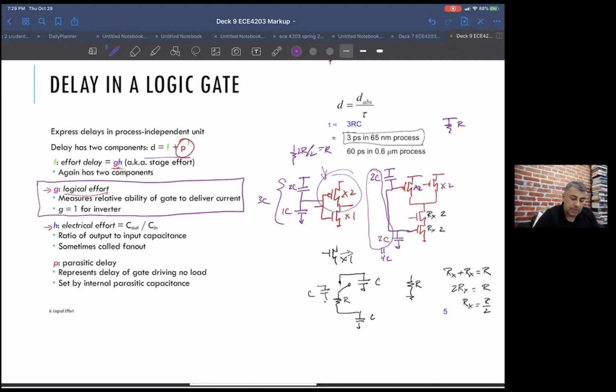So if we say G is equal to 1 for an inverter whose gate capacitance is 3C, the G for a 2-input NAND gate will be 4C over 3C. We calculated 4C for a 2-input NAND gate, and the ratio between that and the gate of an inverter is 4C to 3C, or 4/3.